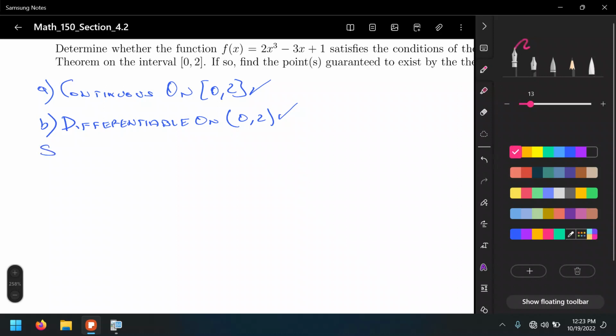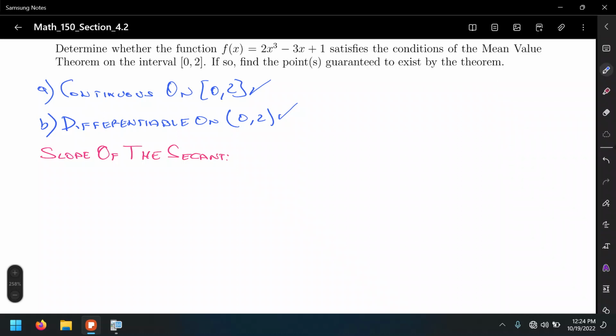So the slope of the secant, it's simply y2 minus y1 over x2 minus x1. All right, and y2 is going to be the function evaluated at the upper bound, and y1 is going to be the function evaluated at the lower bound of the closed interval.